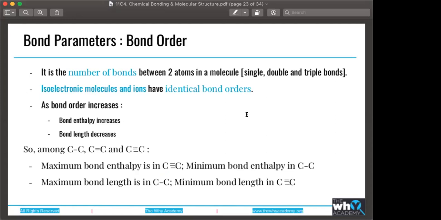And 4, you have bond angle, the angle between the bonds. These 4 parameters describe what the shape and size of the molecule is going to be. It also gives you an idea about stability, because we're considering bond enthalpy. The shape, size and stability of the molecule.